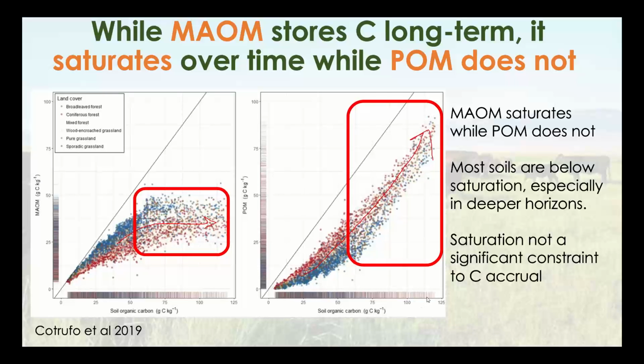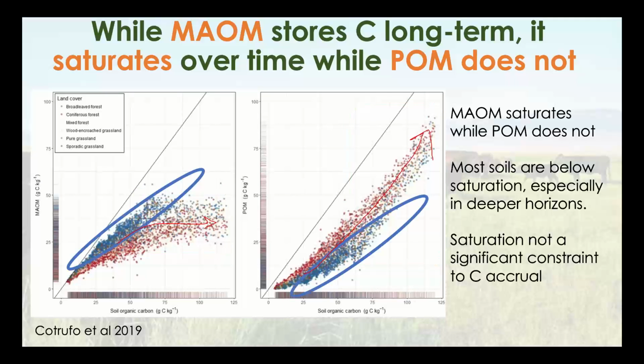At the point where MOM saturates, carbon accrual can only be realized through POM, so building up that POM pool. The different colors of these dots show different ecosystems. In blue, which is highlighted here, are grasslands. And grasslands contain a greater proportion of MOM than POM.